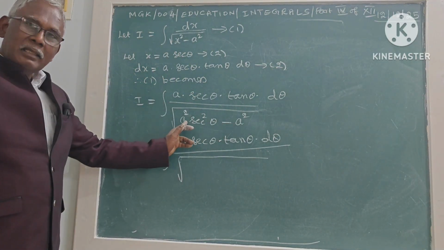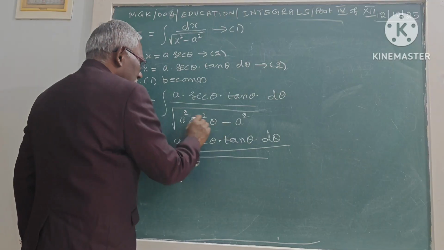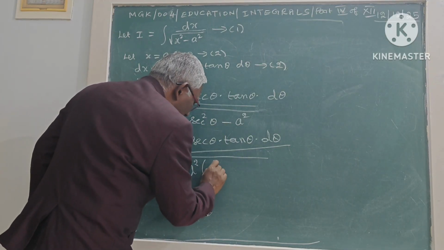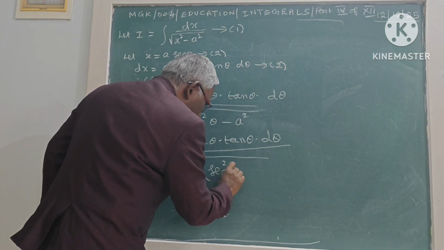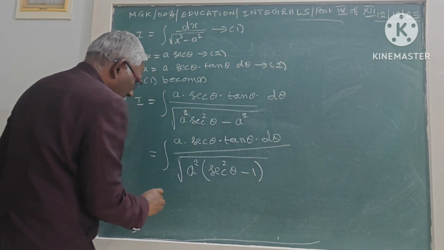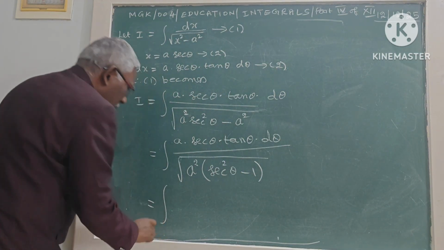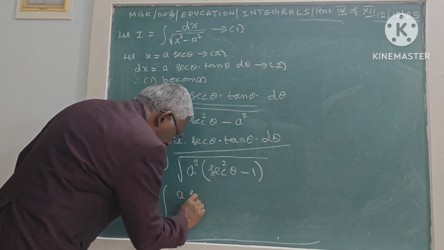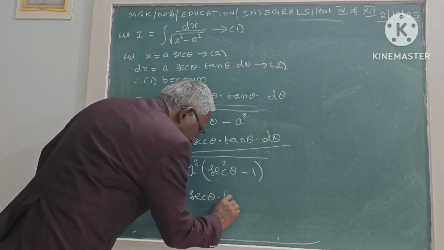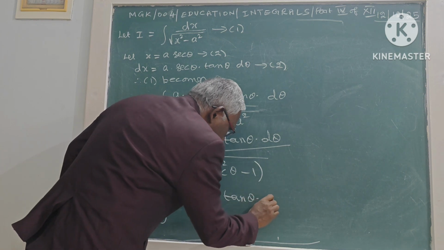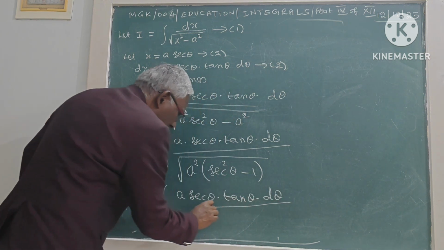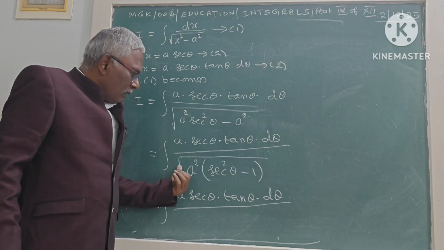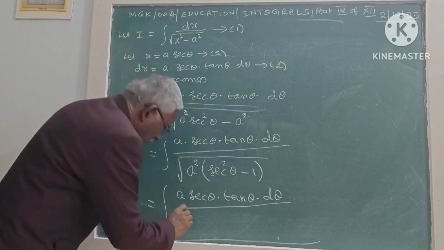Again we take a square commonly outside: a square into secant square theta minus 1. Now again we take a square outside the square root, that will become a.